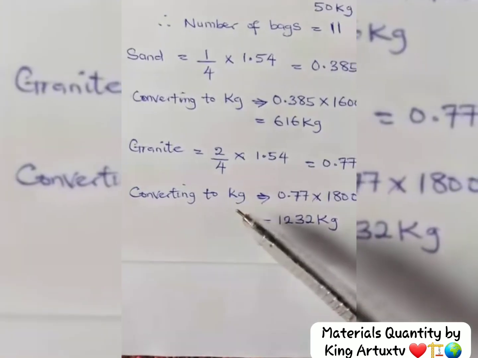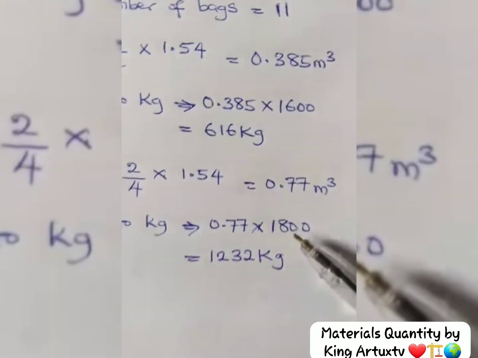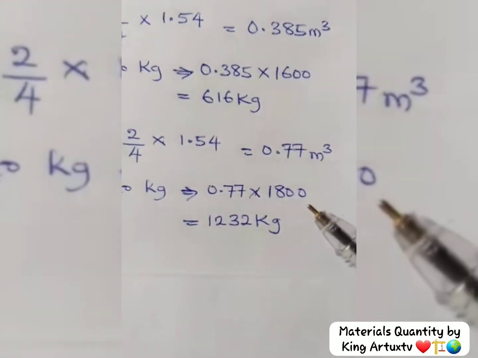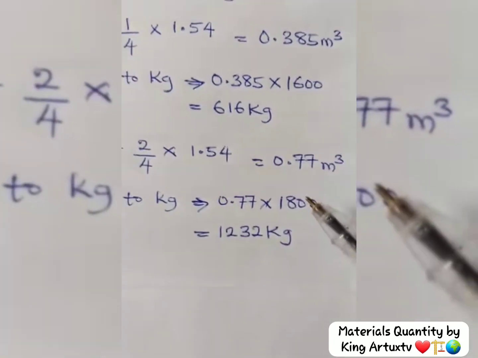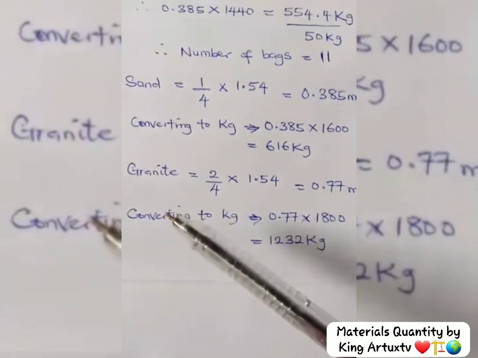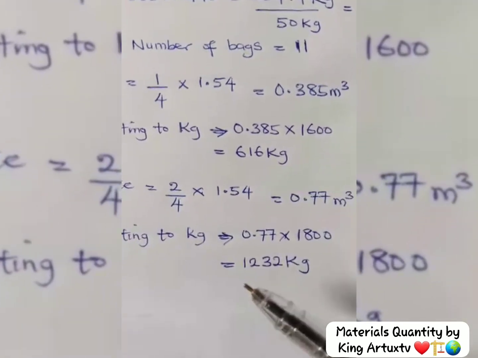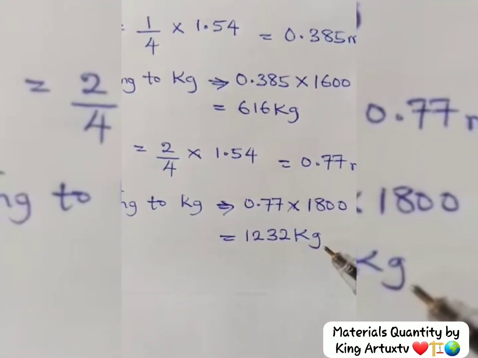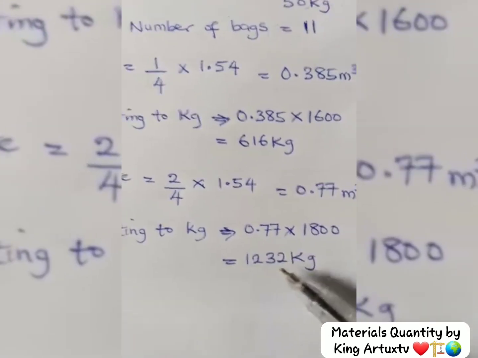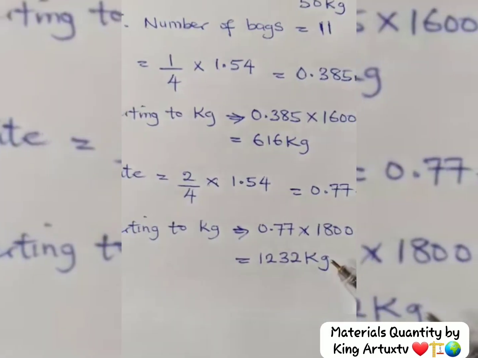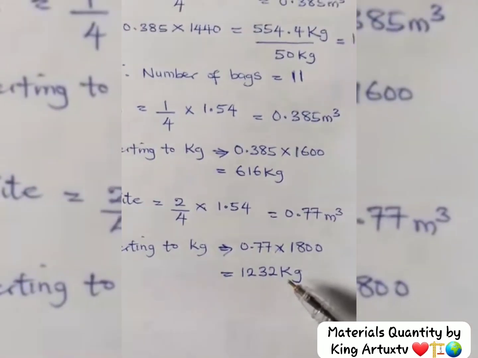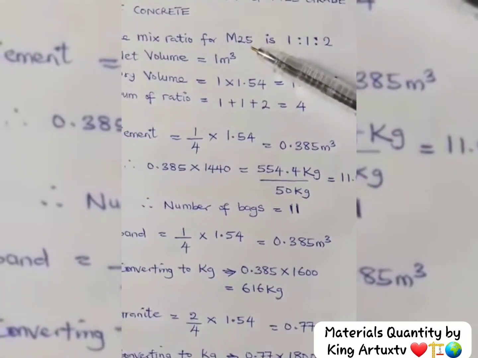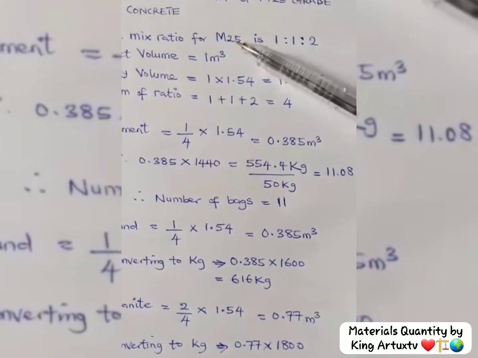Then when you convert it to kg, you multiply it by 1,800 kg per cubic meter, the density of granite, the coarse aggregate. When you work it out, you have 1,232 kg.